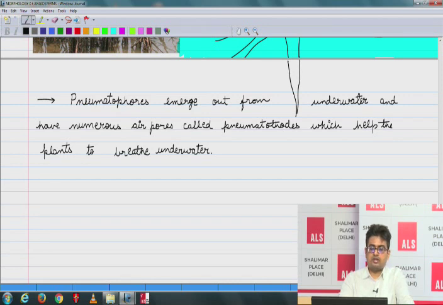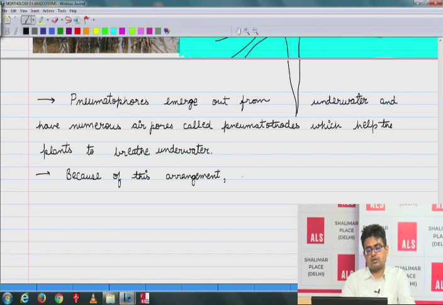Because of this network and this arrangement, these plants can survive in very thickly waterlogged soil. Mangroves thrive.